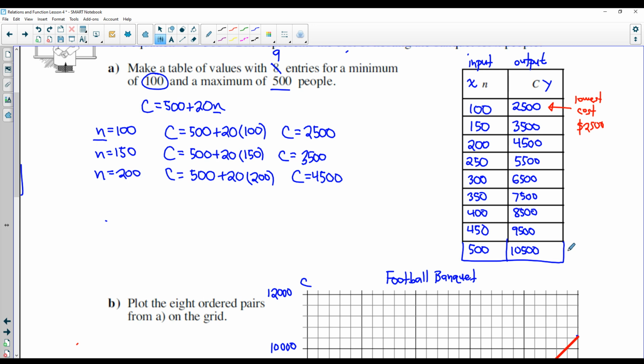And if you have the maximum number of people, your highest cost would be $10,500. Okay, so my y values must be greater than or equal to 2,500 and they must be less than or equal to 10,500.